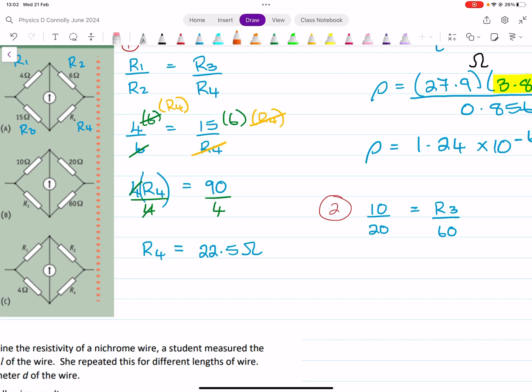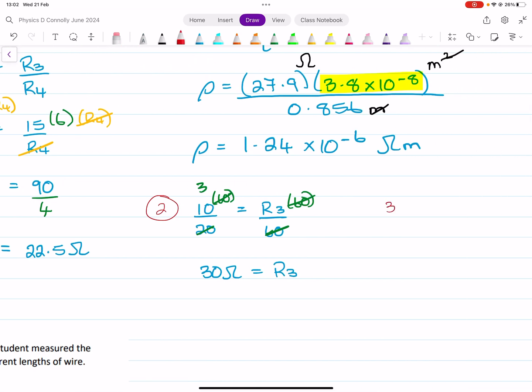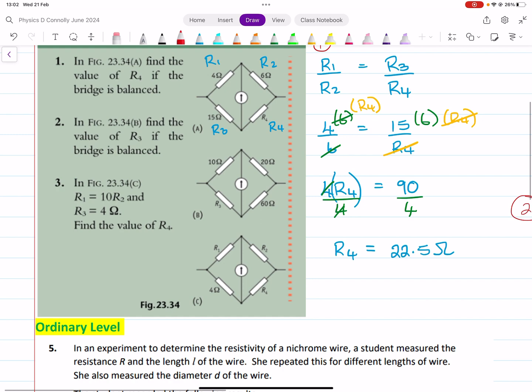I suppose it's a bit easier here. We can just multiply across by 60. That will cancel, and this 20 into 60 goes 3 times. So 30 equals R3. And that's that one.